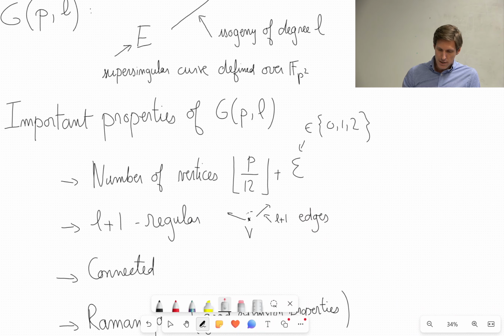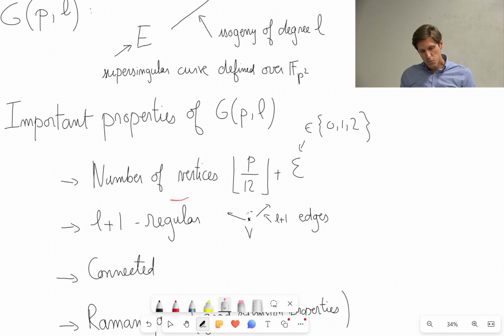What does it look like? You have about p over 12 vertices in this graph, so it grows linearly with p. Here p is astronomical, typically hundreds of bits, so p is extremely large, but L is going to be very small. L equals 2 is okay.